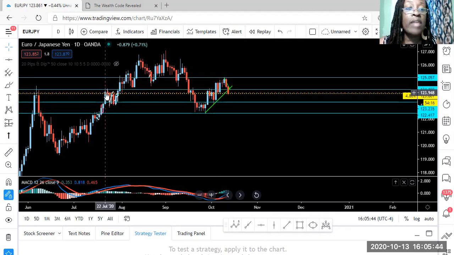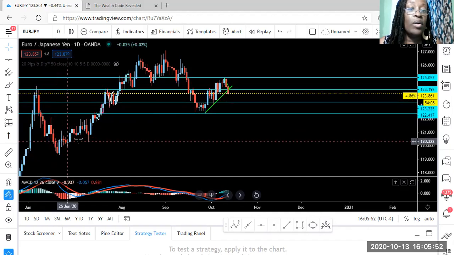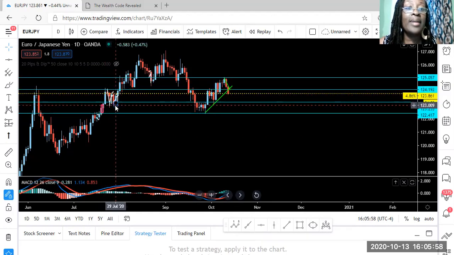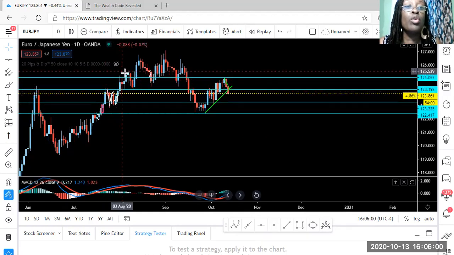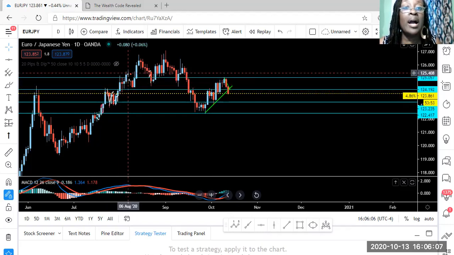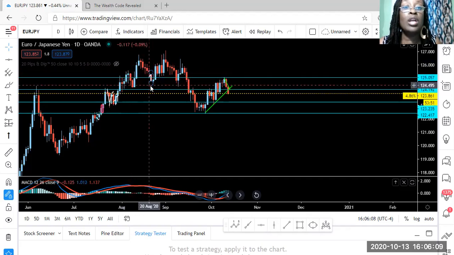Let's look at this area right in here, where price came up, wicked above it, pushed back down. Then it came back, visited it again, went right to the line and did what? Pushed back down. Then it broke through, retested. Now support became resistance right in here and did what? Pushed back up.